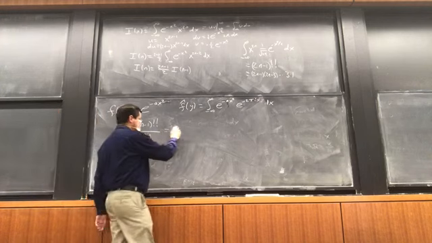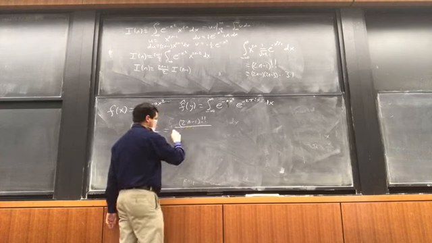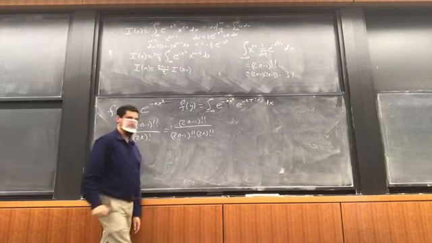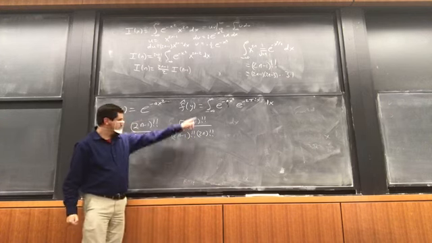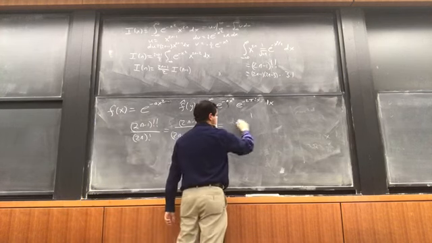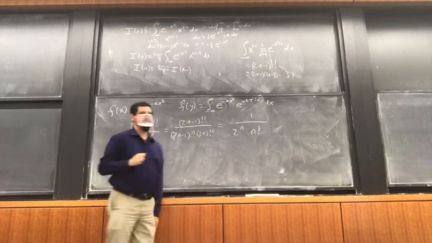This is the same as (2n minus 1) double factorial over (2n minus 1) double factorial times (2n) double factorial. These cancel nicely. And this is 2 to the n, n factorial.